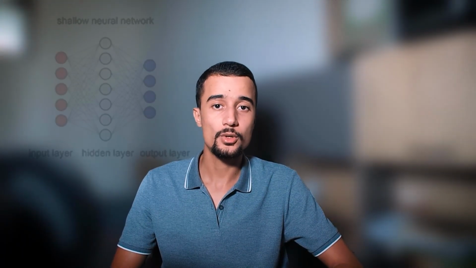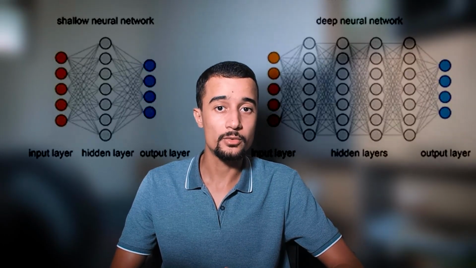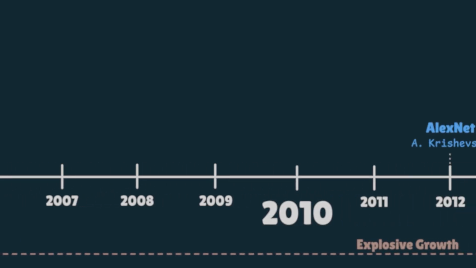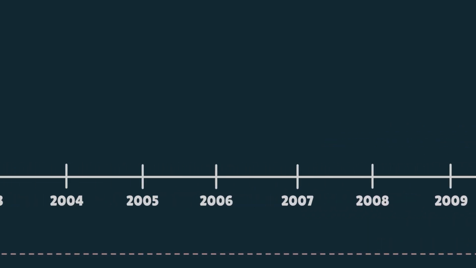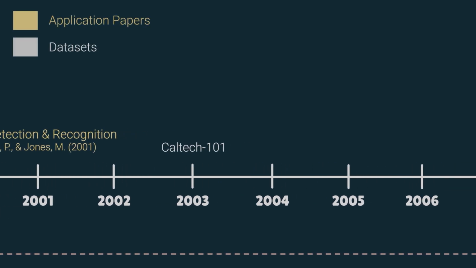Although the results with LeNet 5 were really impressive, the architecture of neural networks at that time remained shallow, which didn't allow for versatile real-world applications. From 1998 to 2012, there was no groundbreaking shift in CNN architectures, but that period was anything but empty. It was a vibrant time of exploration and experimentation.